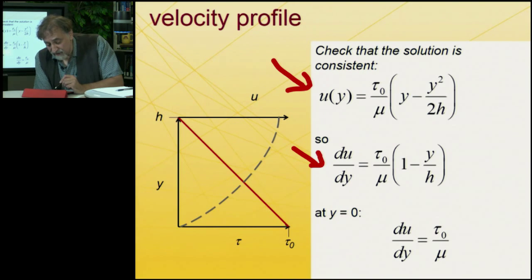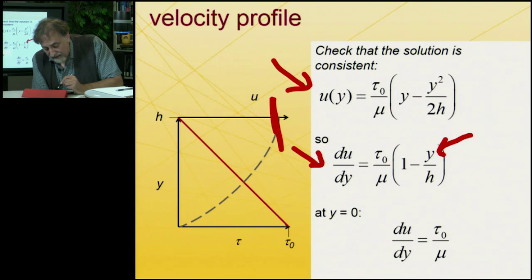Well, by inspection we can see that at y equals h, we get 1 minus 1, so du dy evaluates to 0, so we get a 0 gradient there, as we expected. And if we go down to the bed, y equals 0, we get du dy equals tau naught over mu, the viscosity, so that's that.